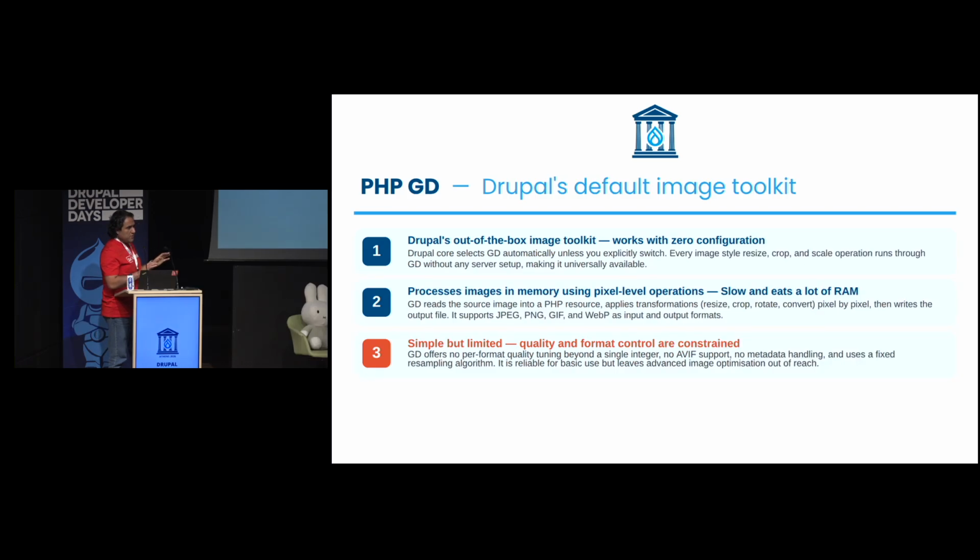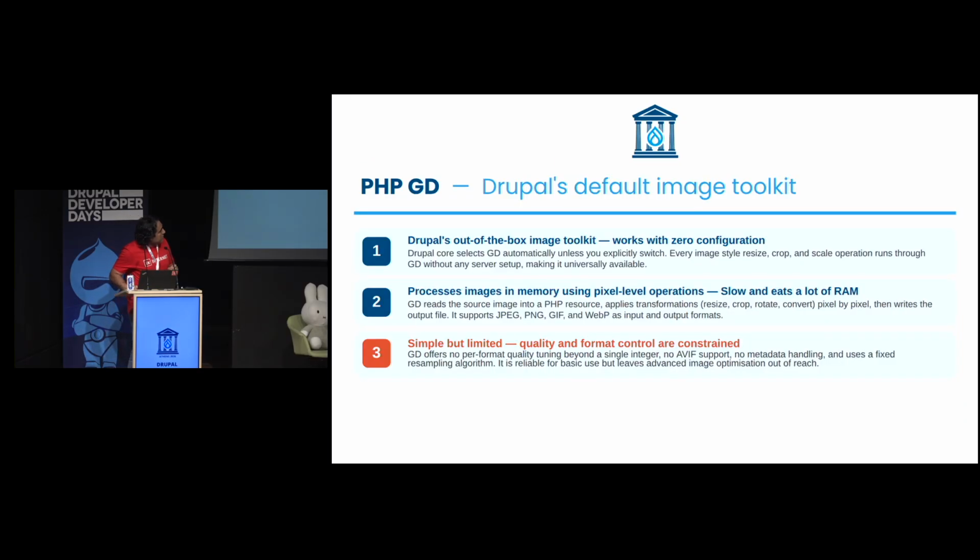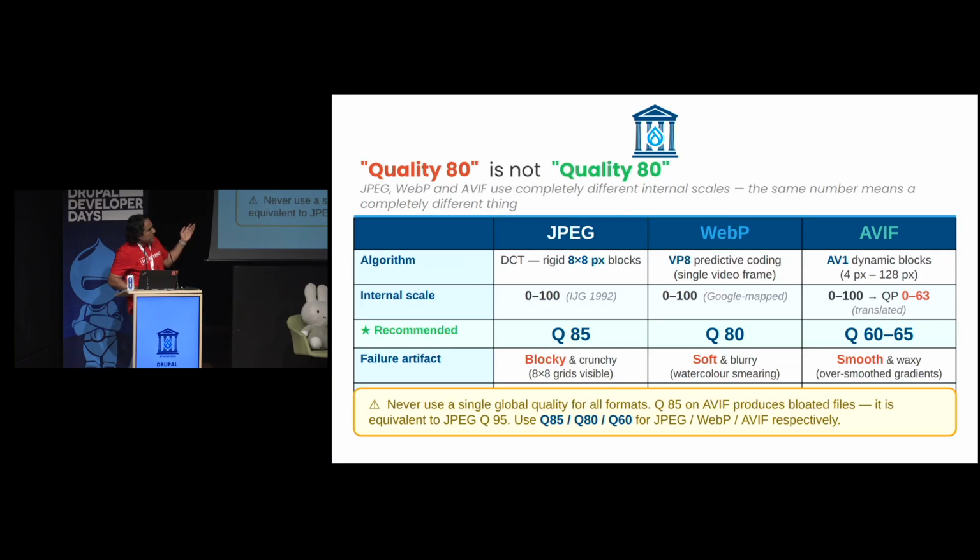In most cases it gets them covered, and that's why it's been used widely. But there are many limitations with using PHP GD. There are two main issues that you will see, which I will explain later.